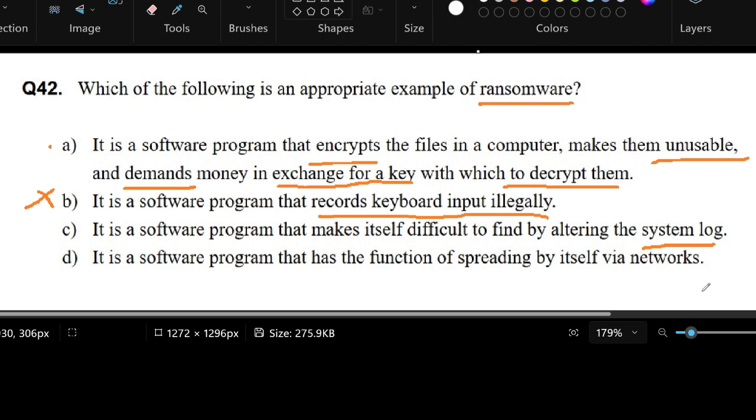I think maybe possible, but I'm thinking that if it's spreading itself, it's most likely difficult to delete, but not necessarily difficult to find.